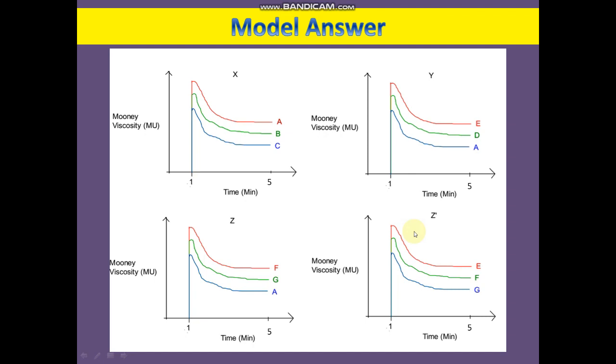So if we know both facts, we can predict the variation of Mooney viscosity curves by looking at the composition of the compounds.